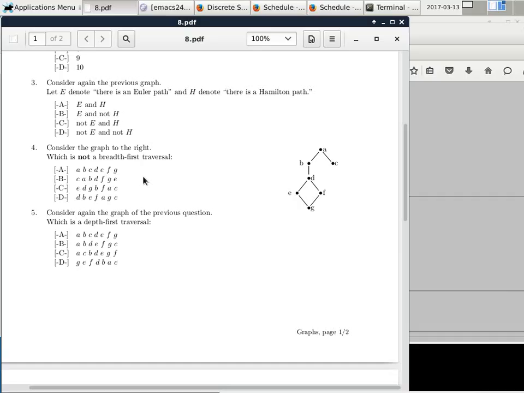You want to check that the other 2 are? So, we start from E. In 1 step, we get what? D and G, fine. In 2 steps, F and B. And then you get A, and then you get C. So, this is the breadth first traversal. And so, I think the last one also is. So far, so good?